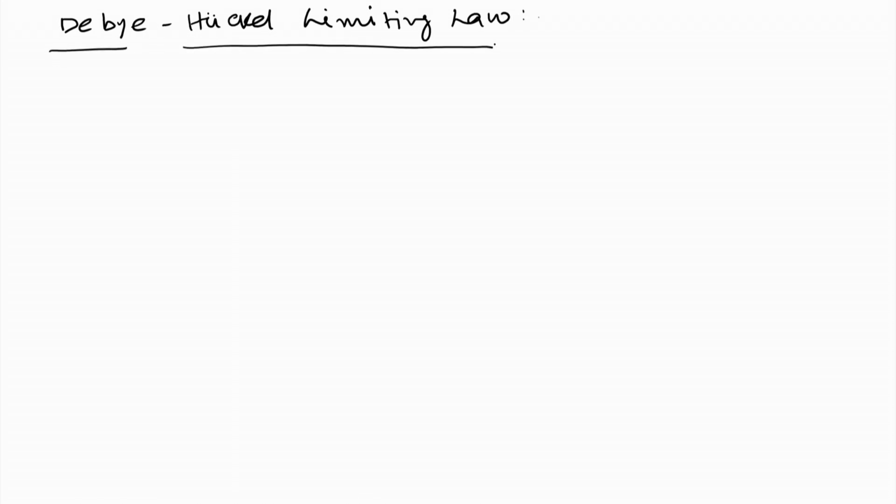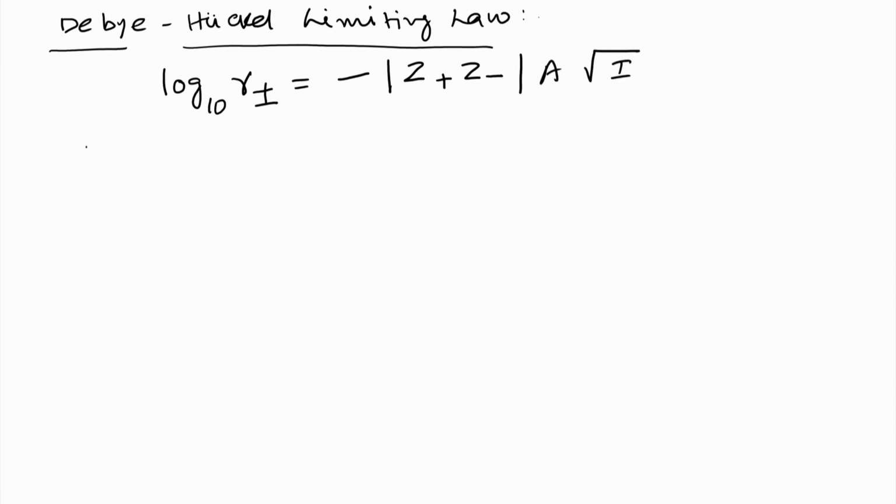So, what does this law say? The expression for the Debye-Huckel limiting law is log gamma plus minus equals minus the modulus of z plus times z minus, times A root over I, where A is a constant term.